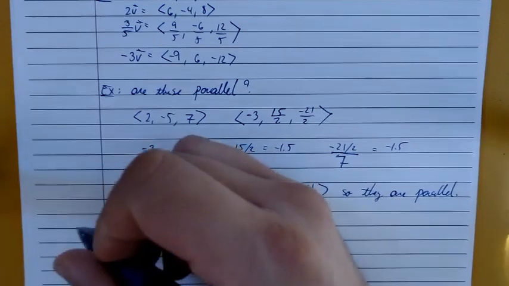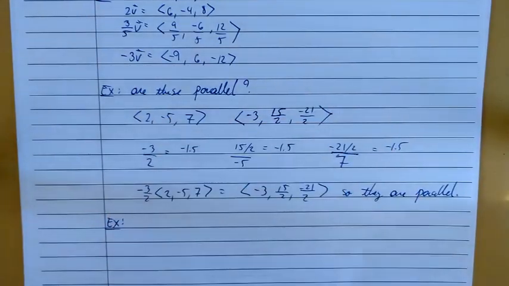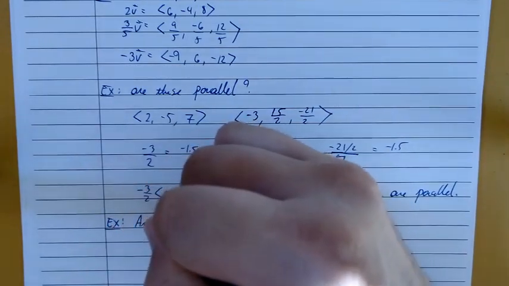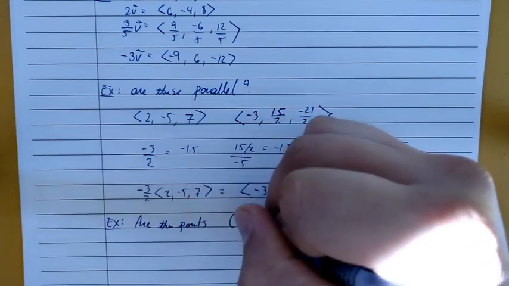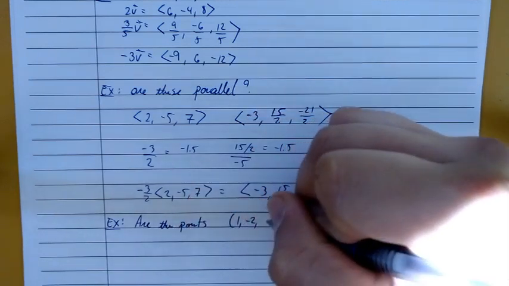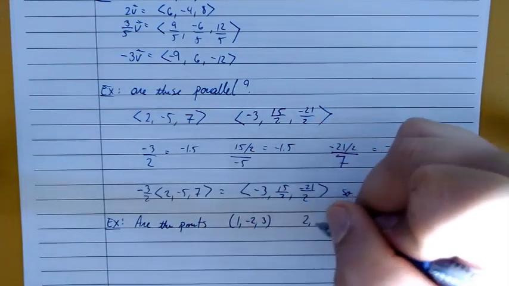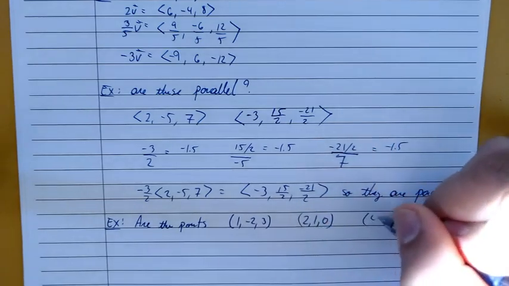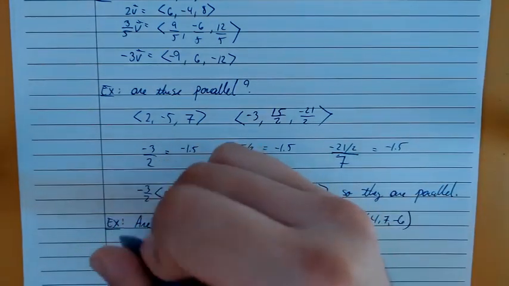Let's take a look at another example that's directly related to this. It's going to sound completely different, but it really is the same kind of question. Are the points 1, negative 2, 3, 2, 1, 0, and 4, 7, negative 6, are these collinear?